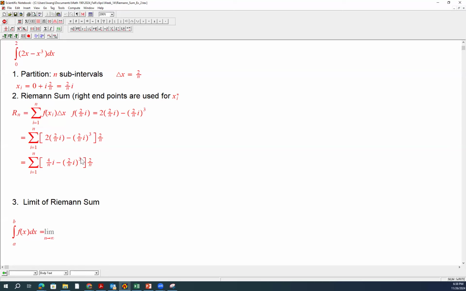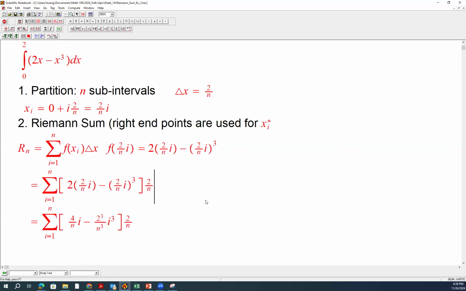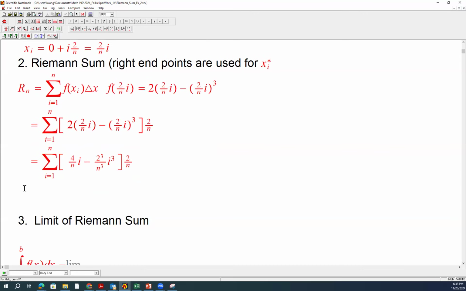And 2 to this power 3 will be distributed to i, to 2 to n raised to the power of 3. Let me make the fonts a bit larger. Sorry about that. Okay, I hope this is better. So this is 8. This is 8 i raised to the power 3.